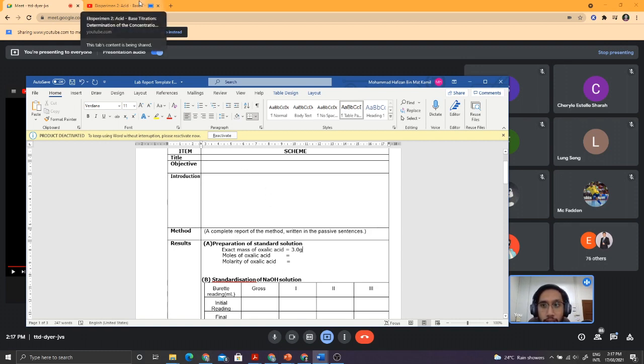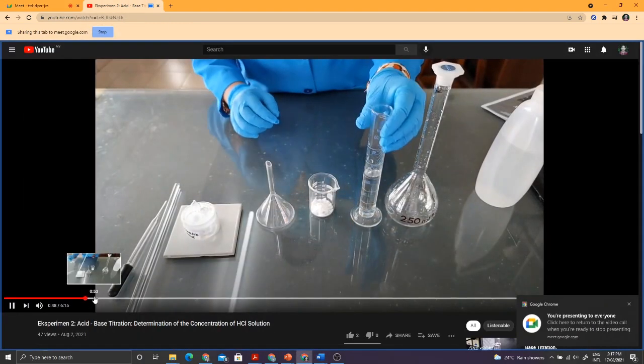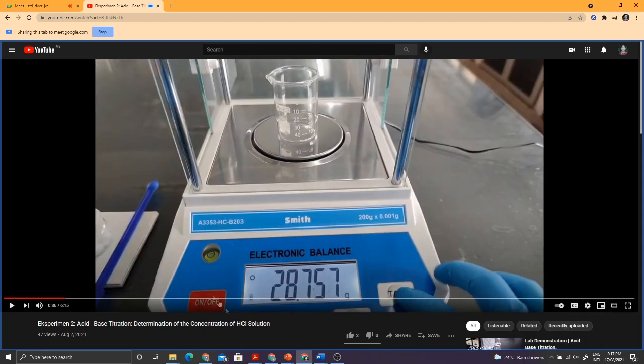So if you look at our weighing table, look at the decimal points and significant figures. It has 1, 2, 3, 4, 5, but usually we take the relevant significant figures.